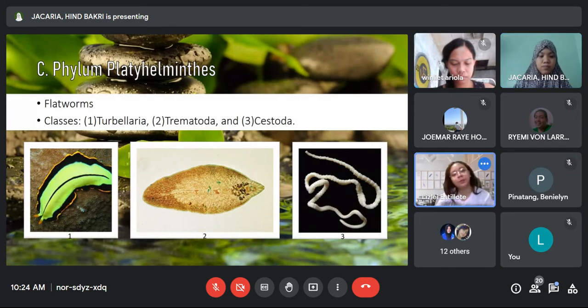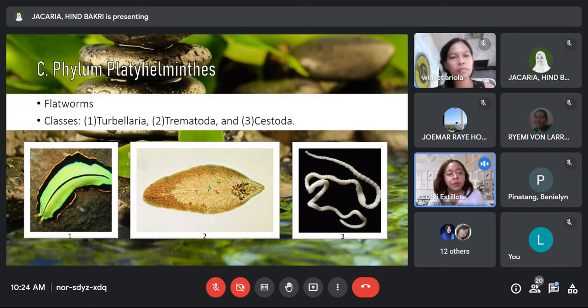Good morning, everyone. So the Platyhelminthes or the flatworms, these are the unsegmented worms with three germ layers, which are the ectoderm, mesoderm, and the endoderm. And these worms are dorsoventrally flattened, which means the body is flat from the lower to the upper surfaces.